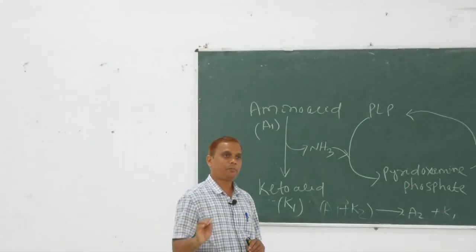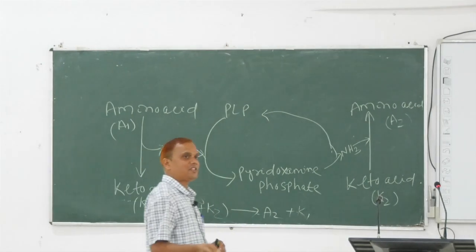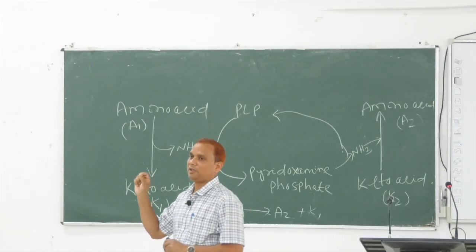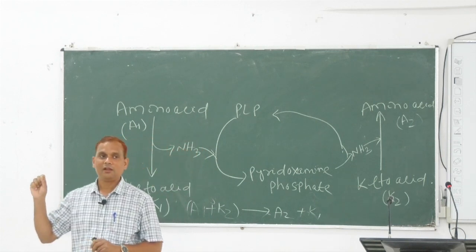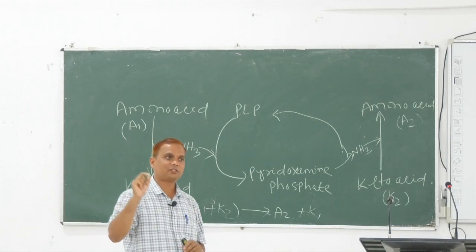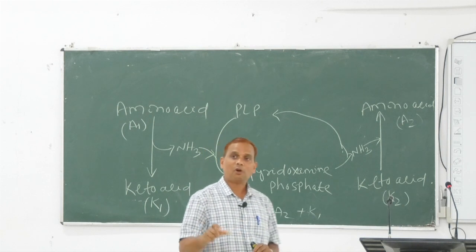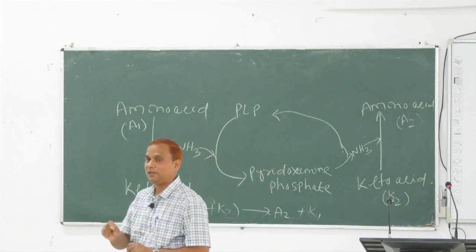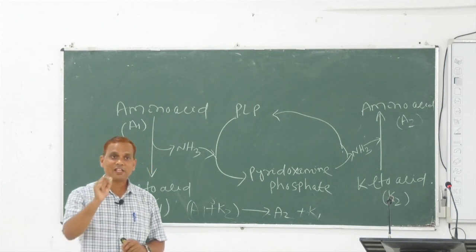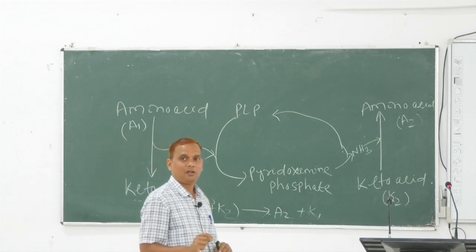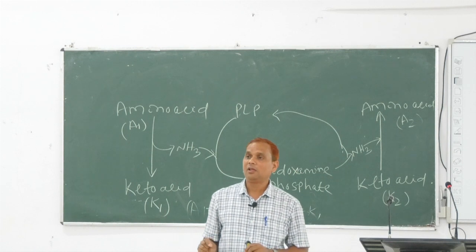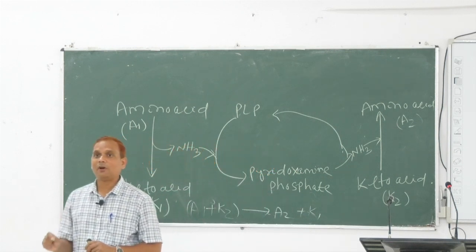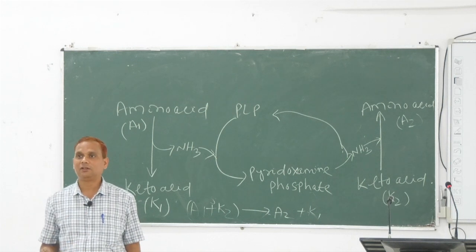Okay. So the transaminase reaction is dependent on PLP, vitamin B6. The transaminase reaction requires PLP. What is the role of PLP? That question may come. I am telling you this because an explain-why question might come: how is PLP required for the transaminase reaction?